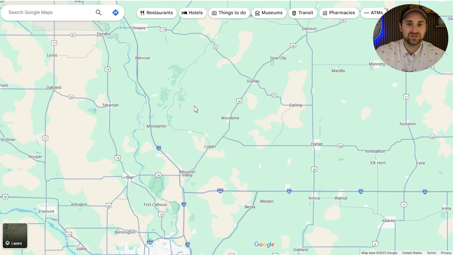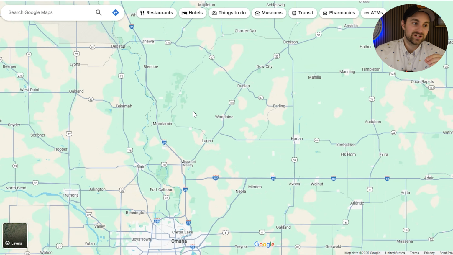It's a great place to go hunting, fishing, hiking, all the outdoors. A lot of public land in this area as well, which I kind of miss now that I live in eastern Iowa. There's not as much public land and there are a lot more people compared to the area that I grew up in.